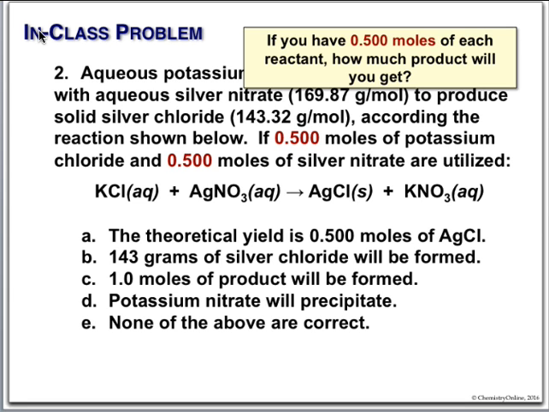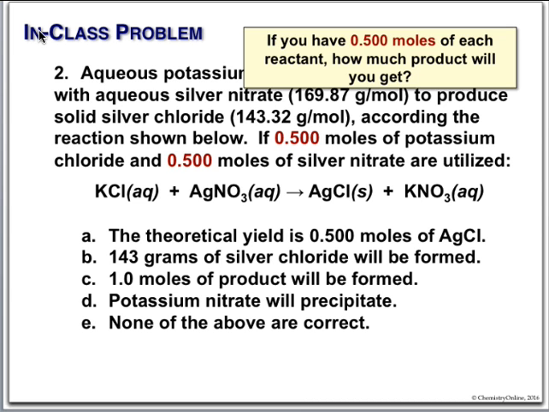Our second choice here, 143 grams of silver chloride. Well, up here it says silver chloride has a molar mass of 143 grams. So 143 grams is 1 mole, not half a mole. So that's wrong.